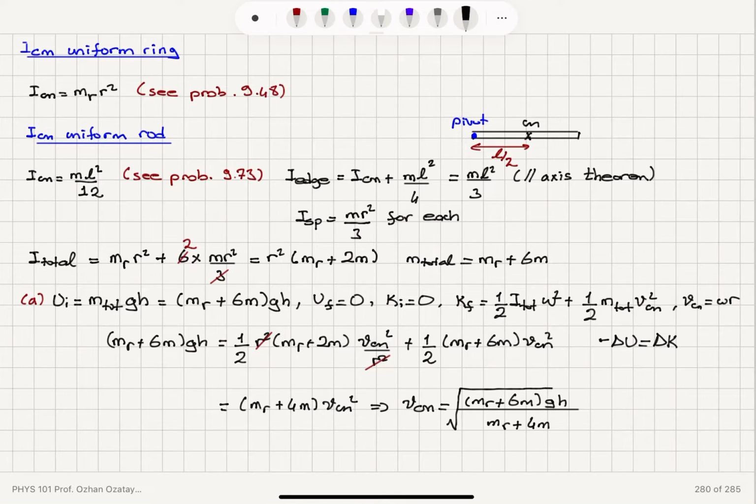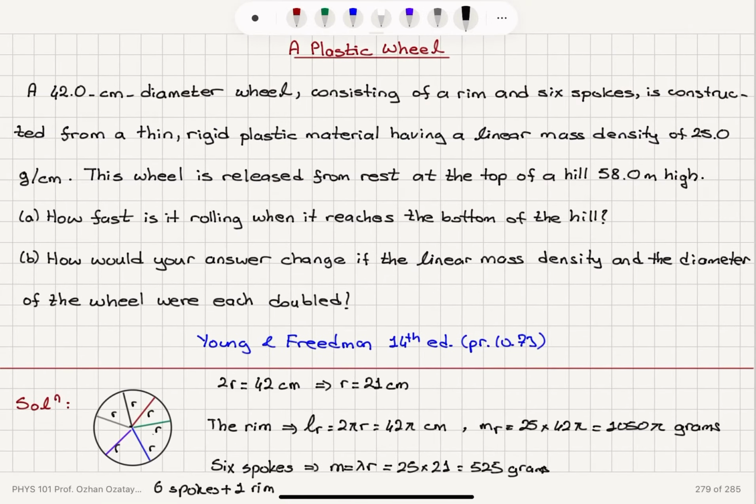Okay, so now we can substitute the numbers here. The center of mass final speed will be, mass of the rim was calculated here.